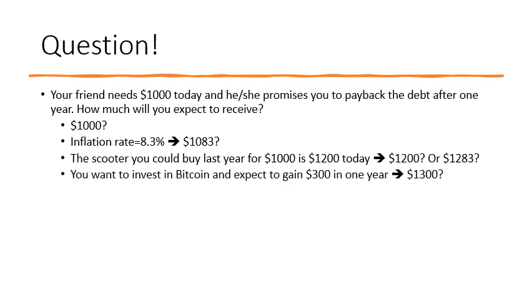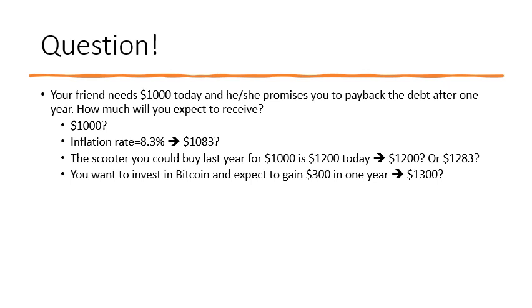And maybe then you think that you can invest this $1,000 in a type of business, something like digital coin, which is very popular these days. And you believe that you can gain $300 profit in 1 year.